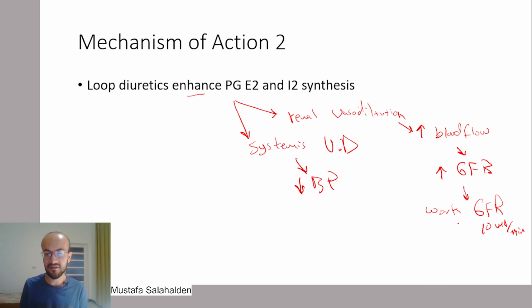They work very efficiently, and that's why they are called high ceiling diuretics. So again, loop diuretics inhibit the NaKCl in the thick ascending limb, and they also enhance prostaglandin E2 and I2 synthesis, which give us renal vasodilatation and systemic vasodilatation.